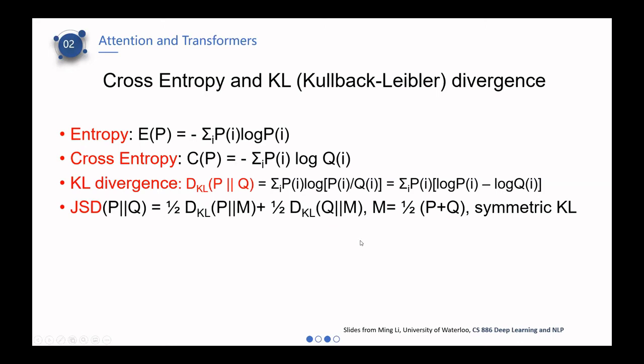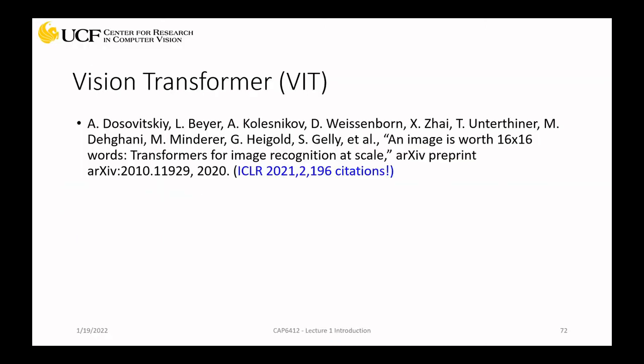But just an idea of why we are using cross entropy: we are looking at two distributions, one from the ground truth and the other from the network, and we want to minimize the difference between those distributions. Okay, so that's, I think, the end of this.